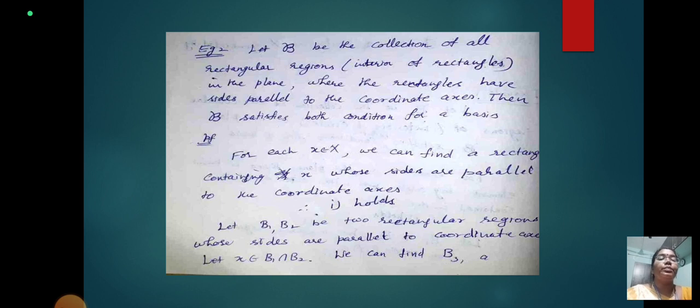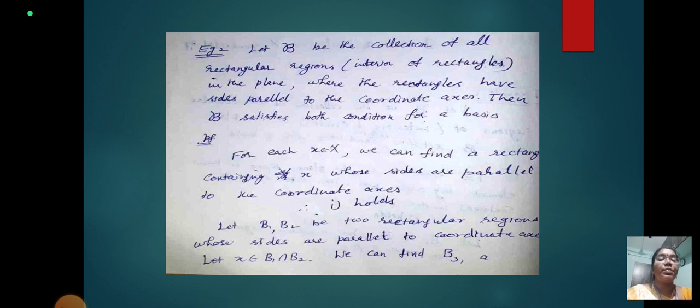Next example. In the previous example, we considered the circular regions, interior of circles in the plane. In this example, we consider the rectangular regions, interior of rectangles in the plane. Let script B be the collection of all rectangular regions, interior of rectangles in the plane, where the rectangles have sides parallel to the coordinate axes, which means the breadth is parallel to the x-axis and the height is parallel to the y-axis.